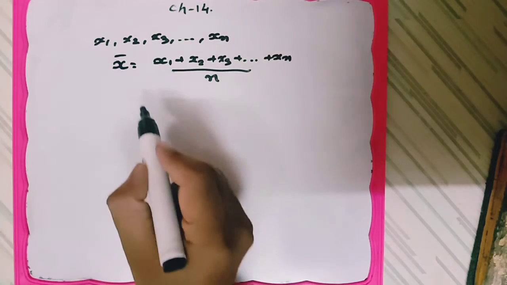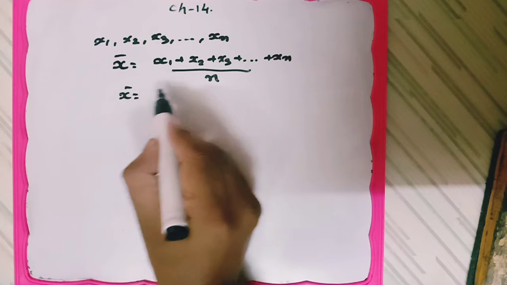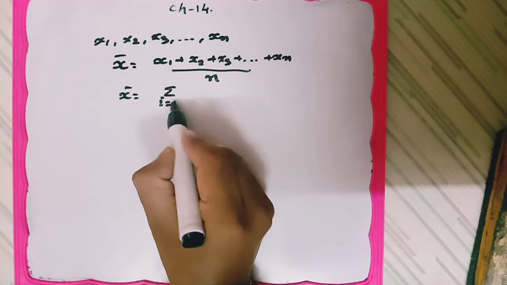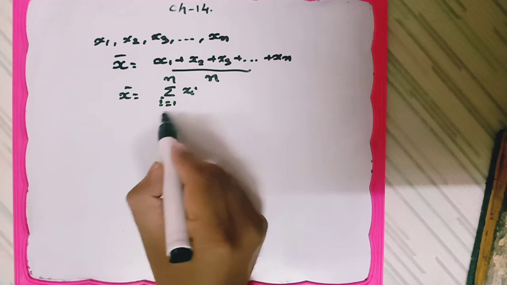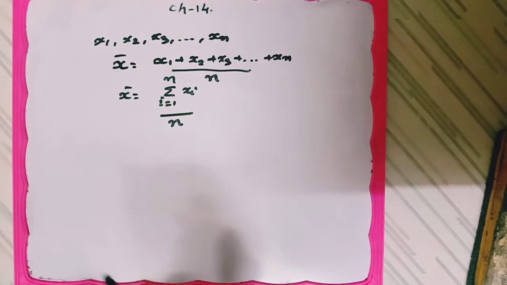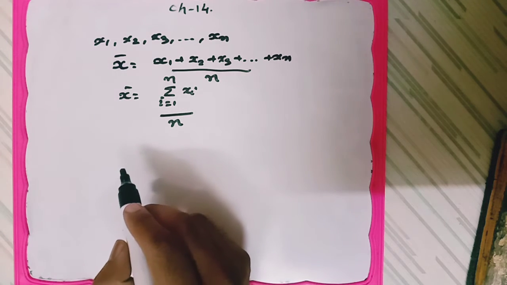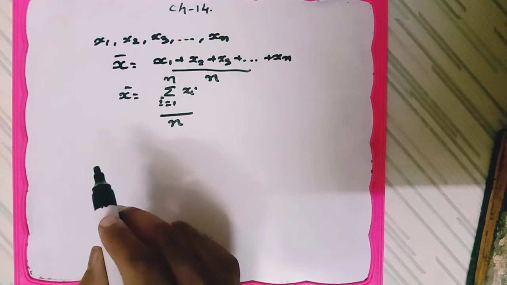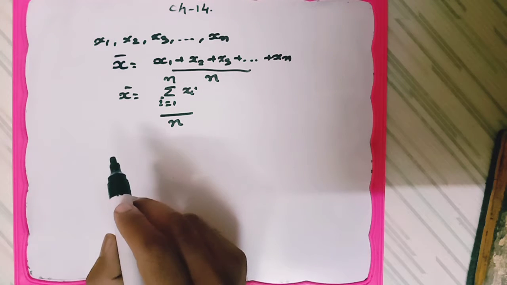In another way, we can write x bar equals sigma i equals 1 to n of xi upon n. This is the formula for the mean for ungrouped data.